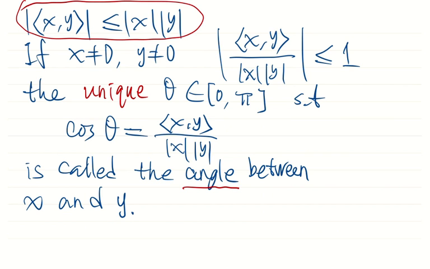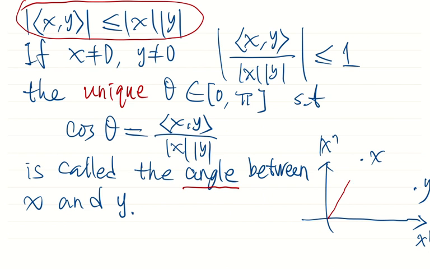Now geometrically, this is our coordinate system. This is x1, this is xn. So x is here and y is here. We can identify the point x with the arrow from the origin to this point.